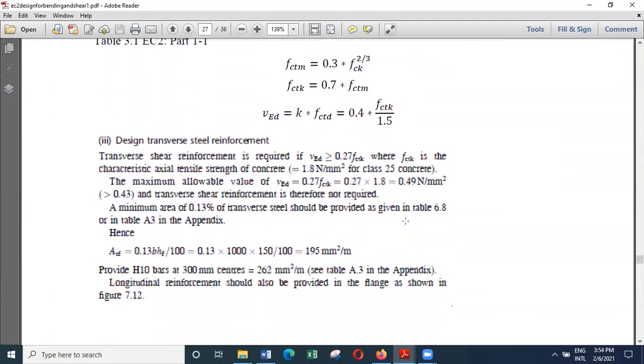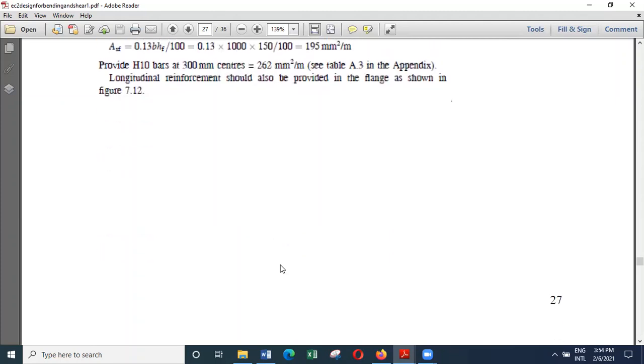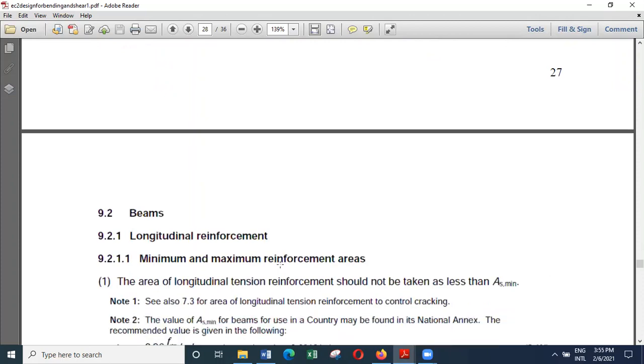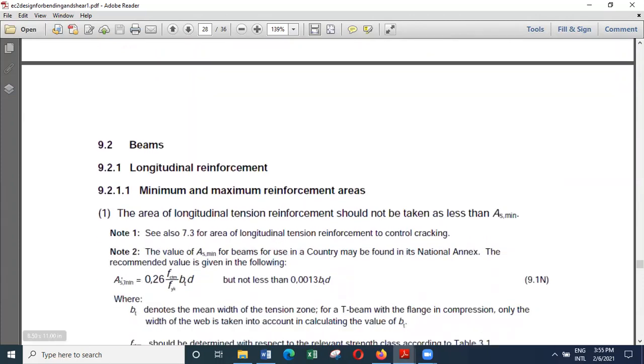And in addition to that, you have to provide the minimum reinforcement that is needed. And the minimum reinforcement that is needed is given by this particular equation. Equation 9.1 of Eurocode gives the minimum reinforcement that you need.